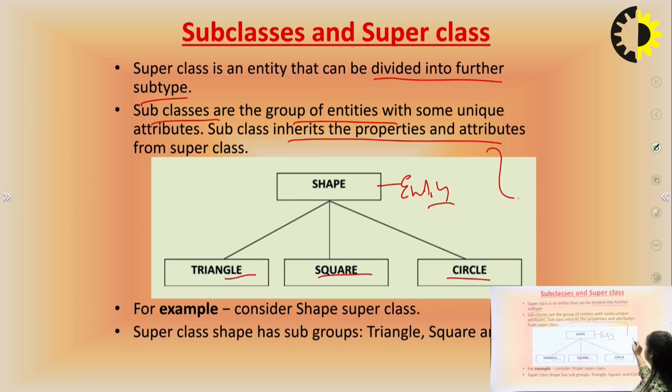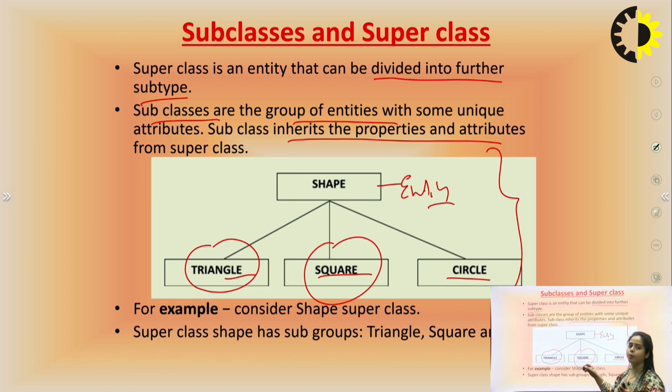So this is the concept of subclass and superclass, where the superclass is subdivided into subclasses based on some properties which are common in the class. All the triangles possess some common attributes, all the squares possess some common attributes, and the same with the circle. So this is the concept of subclass and superclass.